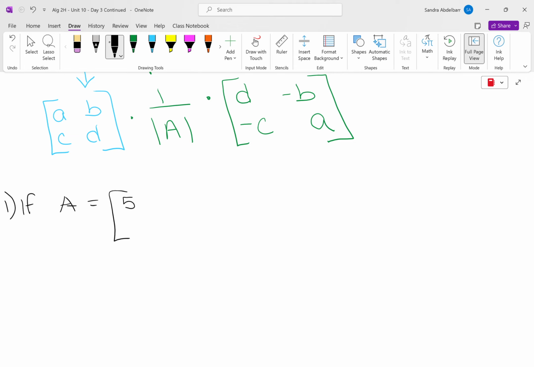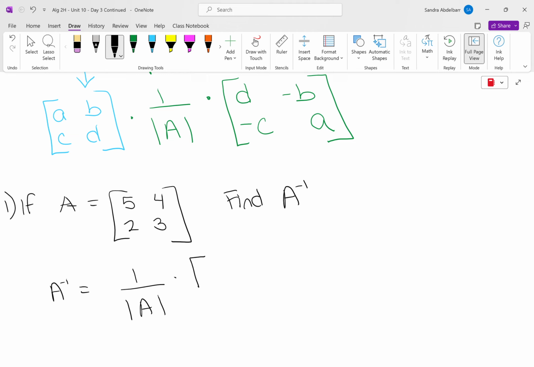If A is equal to the matrix 5, 4, 2, 3, find the inverse of A. The multiplicative inverse of A. So remember, the inverse of A will be 1 over the determinant of A times switching the first and last and negating the other two.